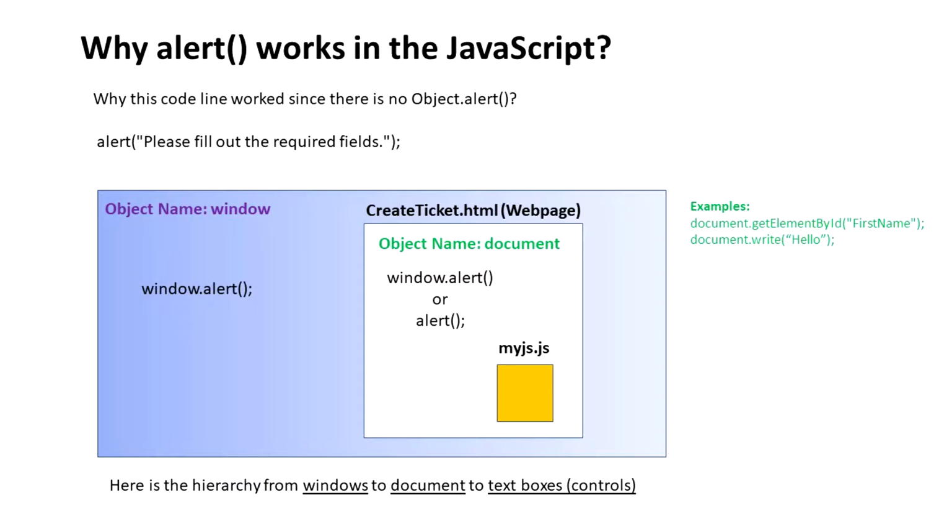So technically, we can write window.alert my message, but we can omit the word window. Since small objects are inside of the bigger object, this is the reason we can access the window and document objects, even if it looks like they do not exist.